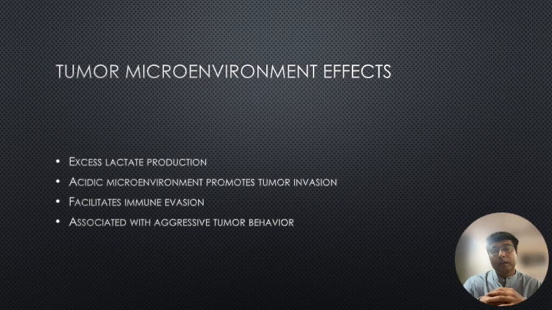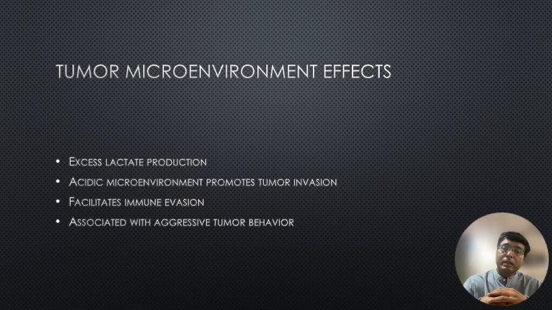So there is an acidic environment around the cell. This acidic microenvironment promotes the tumor invasion. It also facilitates the immune evasion. And all those things are associated with aggressive tumor behavior.